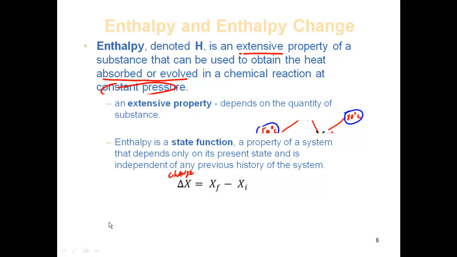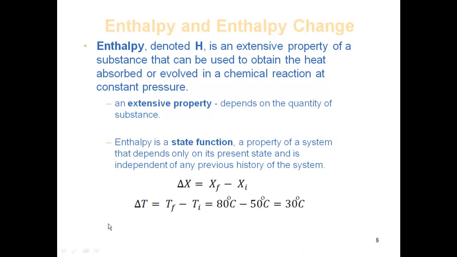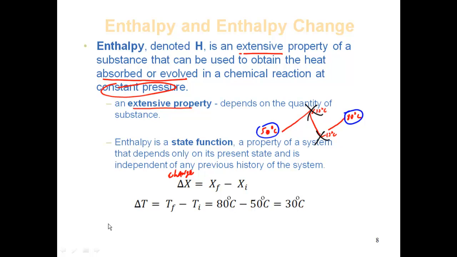So in this particular example, I'm looking at my change in temperature. I'm talking about my final temperature minus my initial temperature. I'm talking about 80 degrees C minus 50 degrees C, which gives me 30 degrees C. That's my delta T. Now the other thing to realize is that's 30 degrees C relative to where it was before. Okay, this is a relative thing, not an absolute.